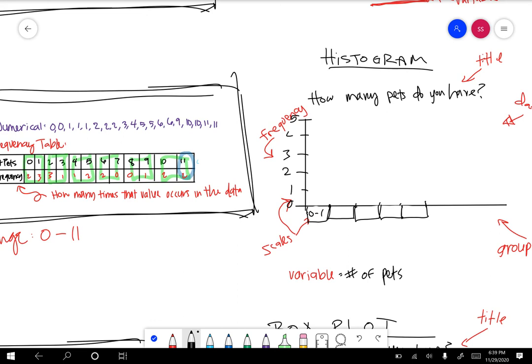So 0 to 1, 2 to 3, 4 to 5, 6 to 7, 8 to 9, and last one, 10 to 11. So that's still the number of pets people have. We're just grouping them. So what would we do for our frequency then?